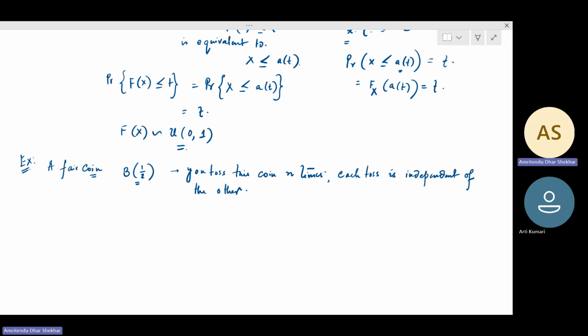Of course, your probability space is just H comma T, the Cartesian product taken n times, so H cross T, H cross T, n times.